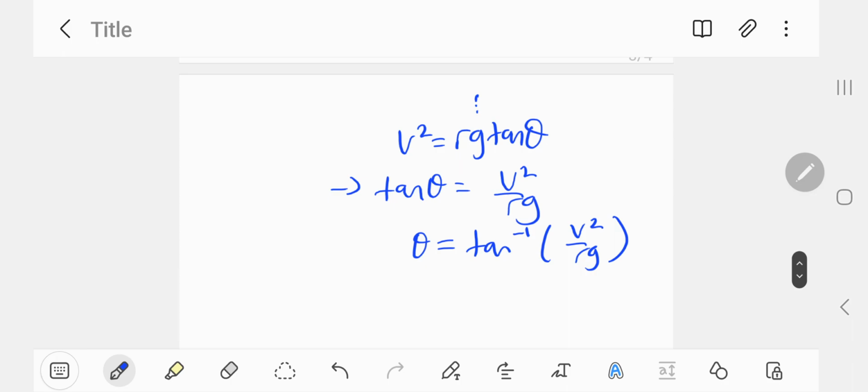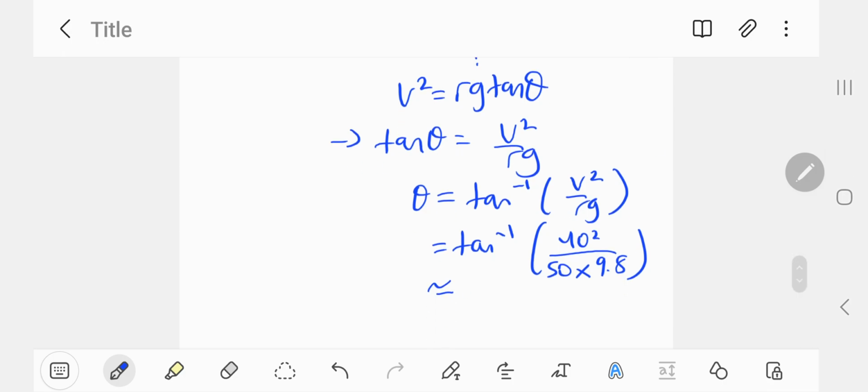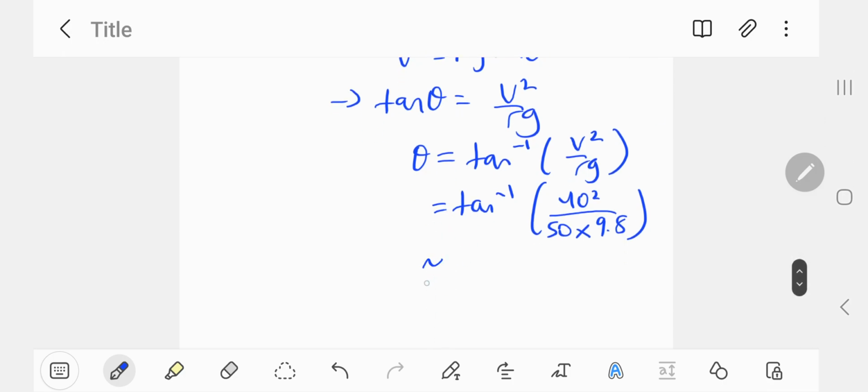So we've done the hard part. The easy part is just putting in the numbers now. It's equal to the inverse tan of v squared. So v in the question was just 40 meters per second. So 40 squared divided by r. R, the radius of the turn, is just 50 meters, and g is just gravity, 9.8. And that is roughly, to two decimal places, 72.97 degrees.